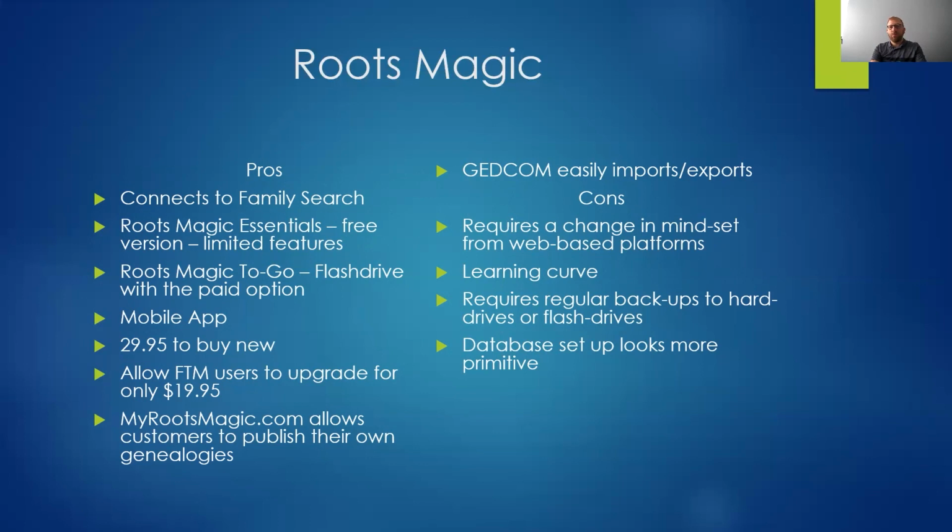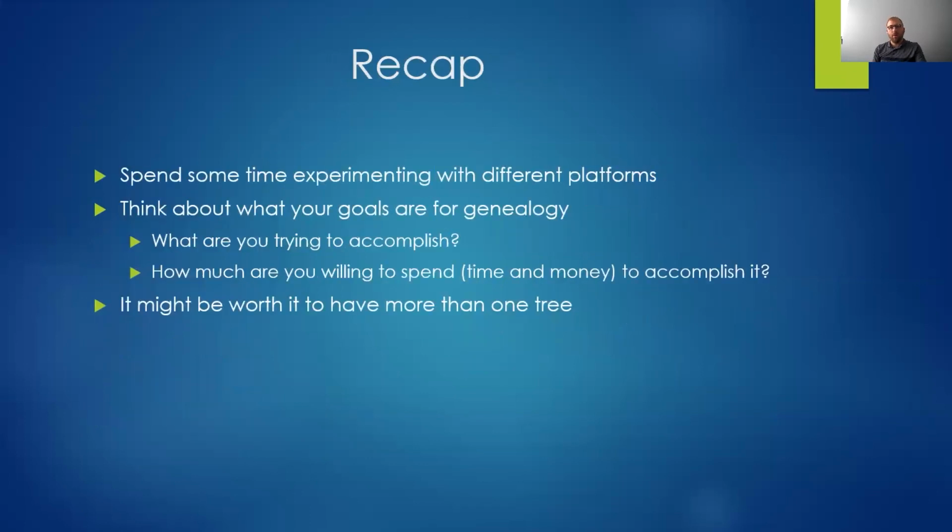So to come back to the beginning, when I was speaking about what your goals for genealogy are, you really want to think about what you want and what you are trying to accomplish, how much time you are willing to put into your genealogy, and how much money you are willing to spend. So I would definitely recommend spending some time experimenting with different platforms.